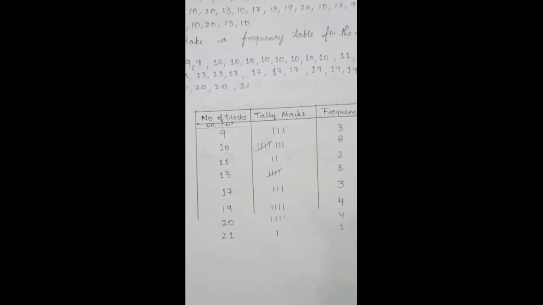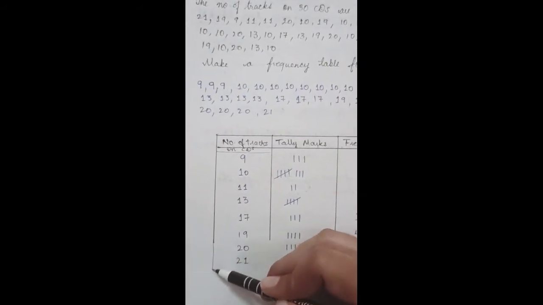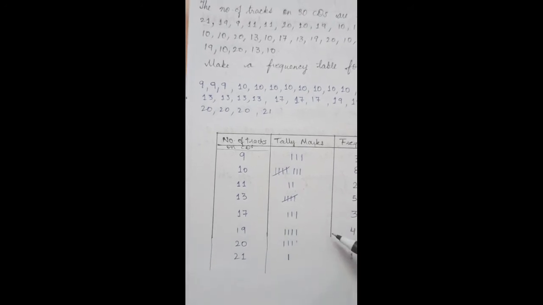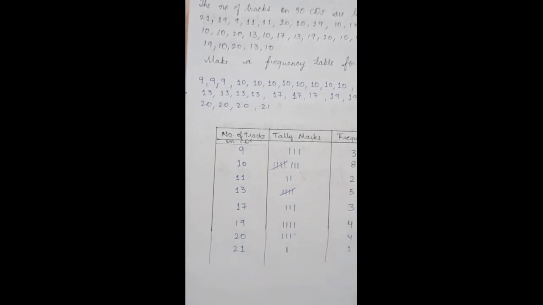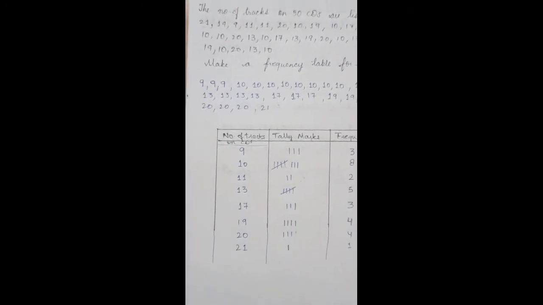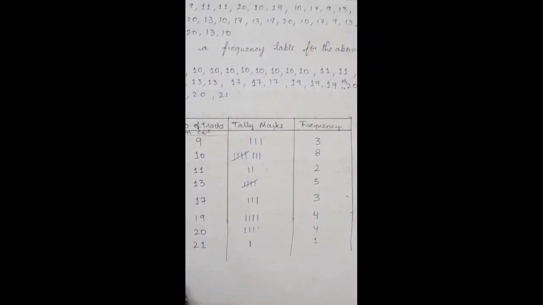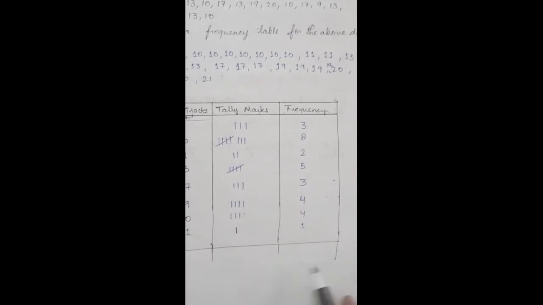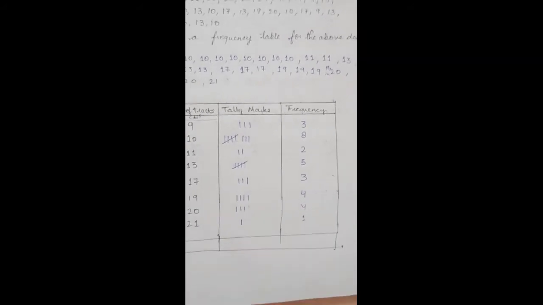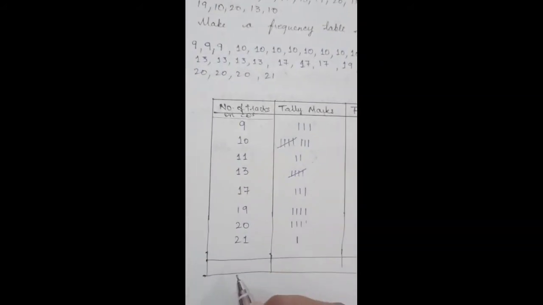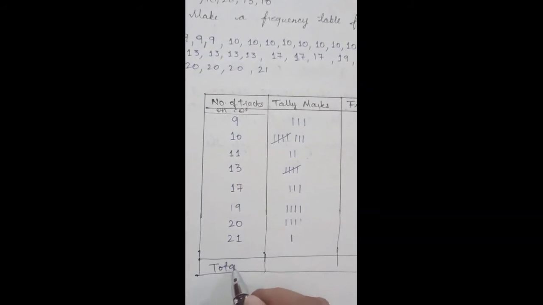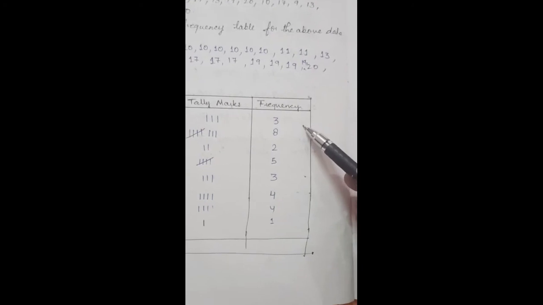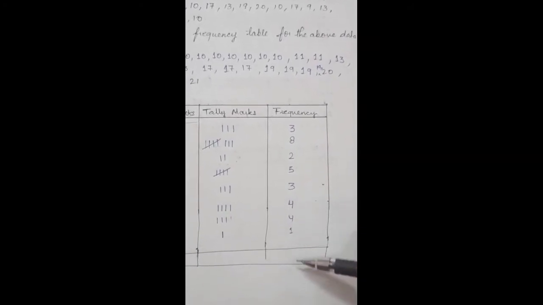Now next what we do, I am going to extend this. Next we find out the sum of frequencies. So here we will write total, and here we will write the sum of these numbers.